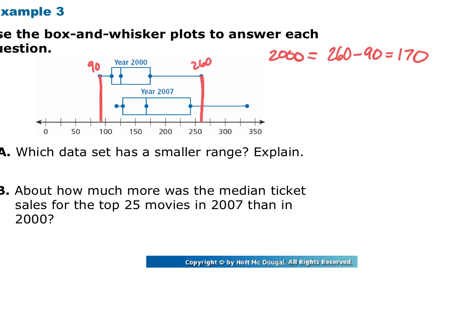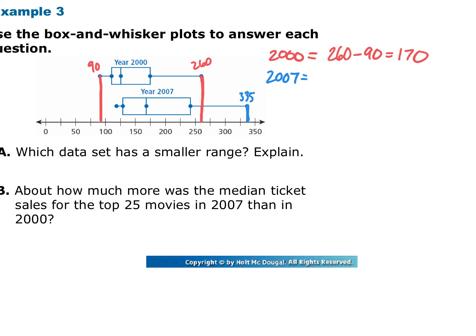Then you've got to do the exact same thing we just did for the year 2007. Well, let's start with the maximum. It's this number out here. It's bigger than 325, but it's not quite to 350. I'm going to say that's probably 335.